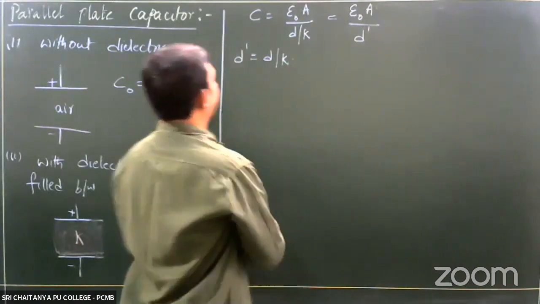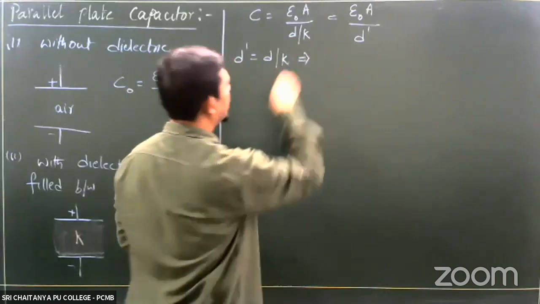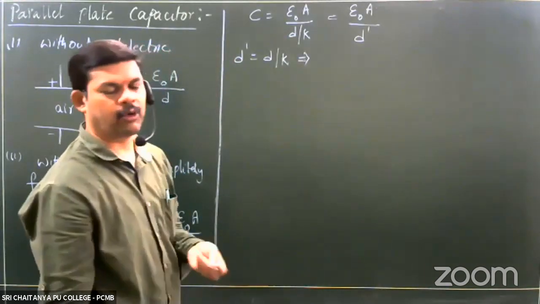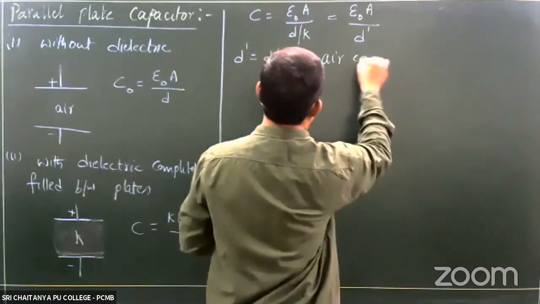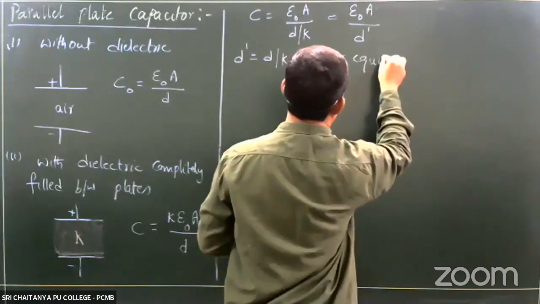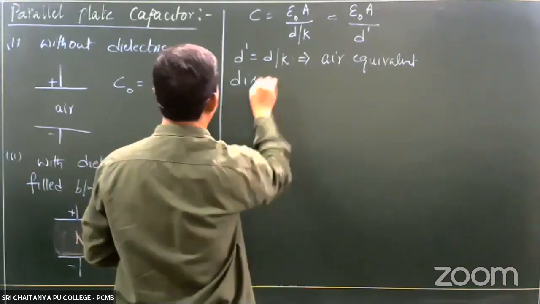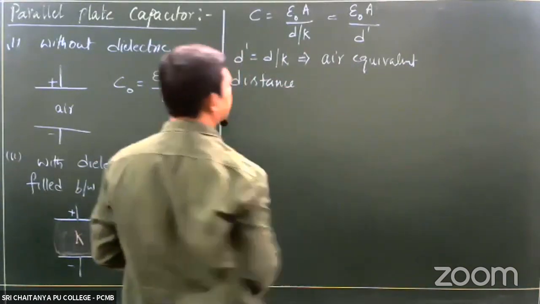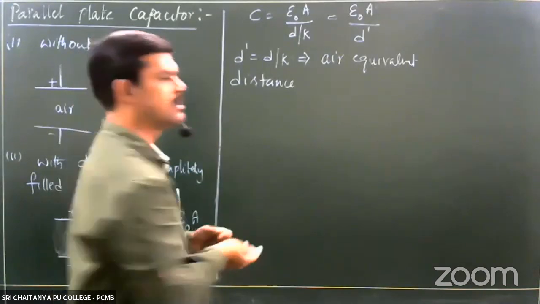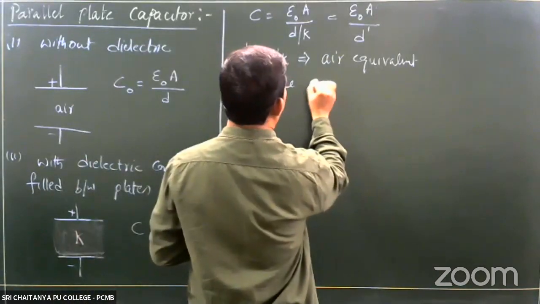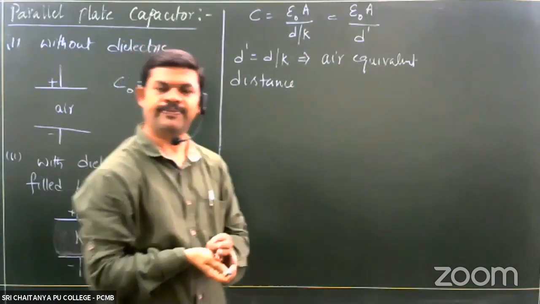This distance D dash equal to D by K is called the air equivalent distance. What is air equivalent distance?